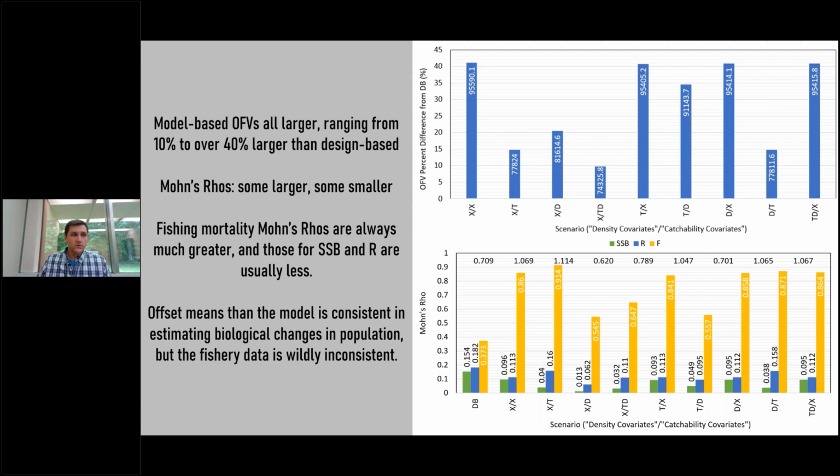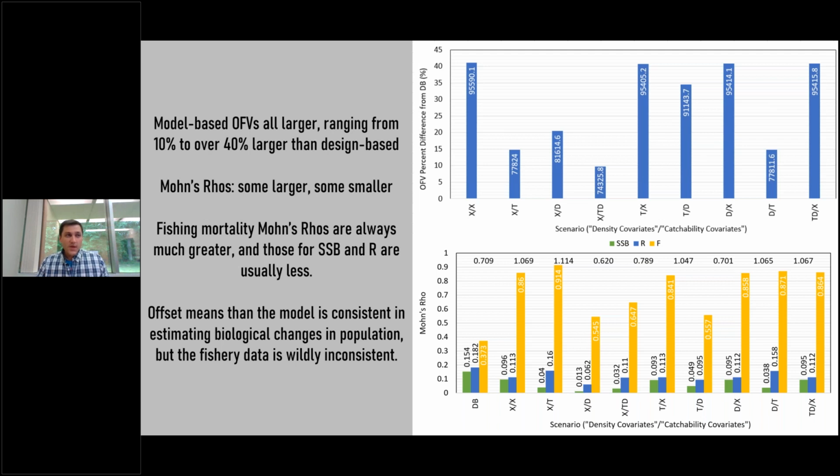For the Mohn's rho values, it's a bit more interesting. So the bottom is a graph of the values for spawning biomass, recruitment, and fishing mortality across those scenarios. And the first column is the design-based values. What appears to be happening is that Mohn's rho for spawning biomass and recruitment are usually lower, but Mohn's rho for fishing mortality is much greater.